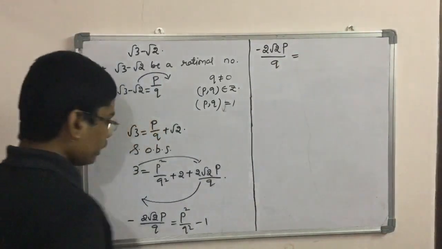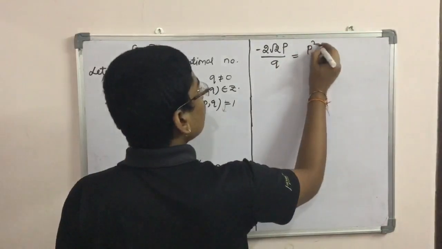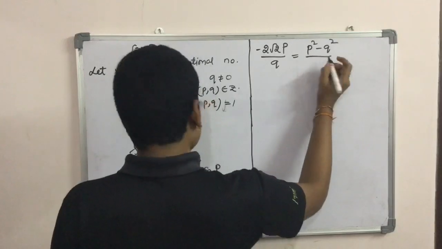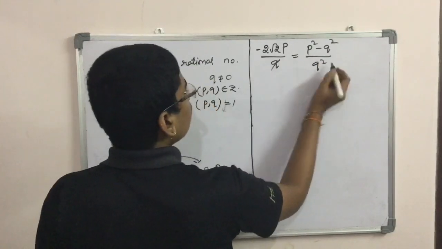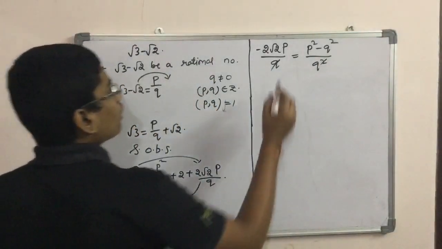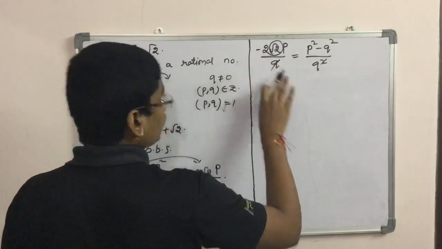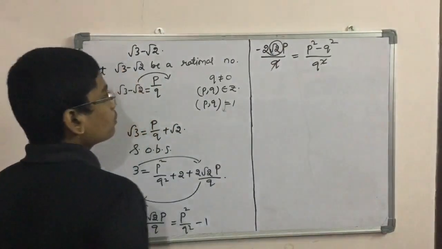We will take the LCM, it will become (p² − q²)/q². The q and q² will get cancelled, leaving root 2 here, and we'll send the other two terms to the other side.